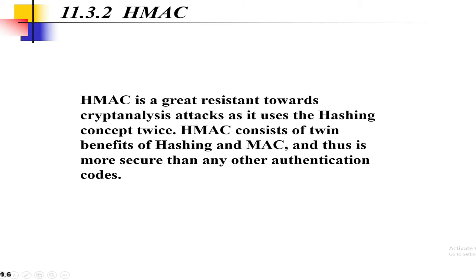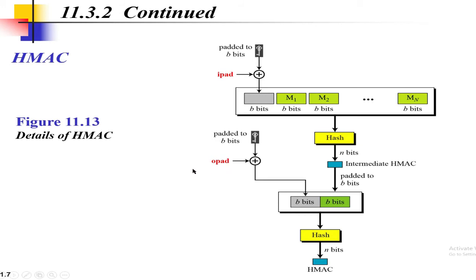So let's talk about HMAC. HMAC is hashed message authentication code, and it is much more complex compared to the normal message authentication code, and more secure. This is the complete diagram of hashed message authentication code.